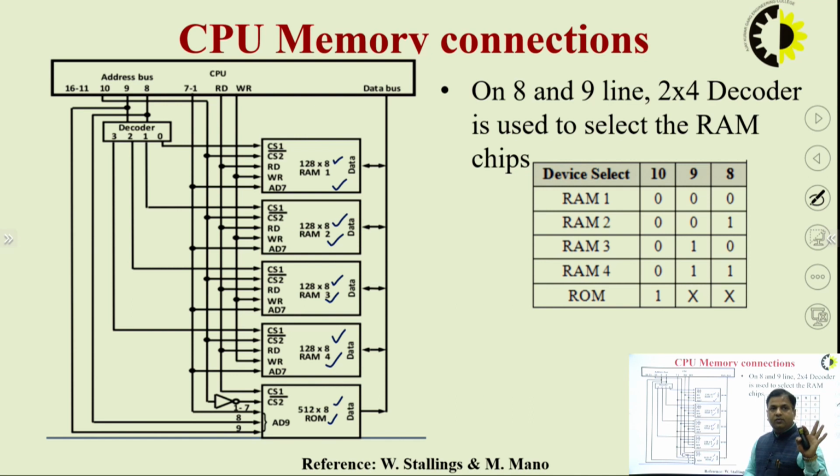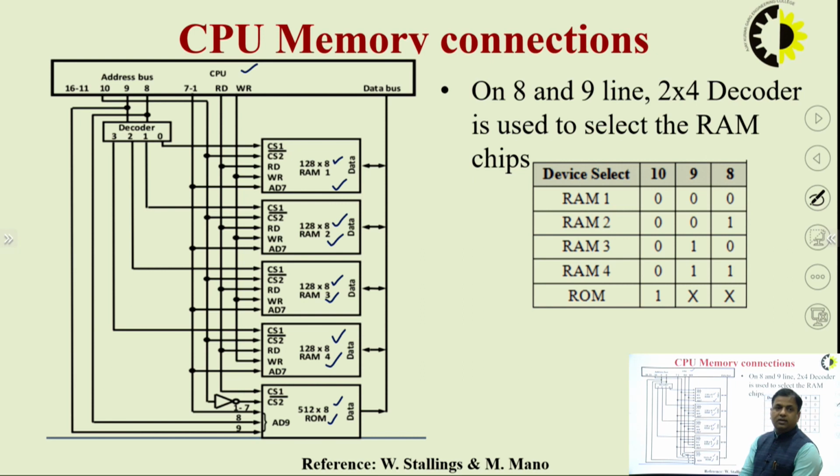So we require 4 RAMs and one ROM, that is 512 into 8. Now we have this CPU, right. So how many address lines are required to design a 512 size memory?